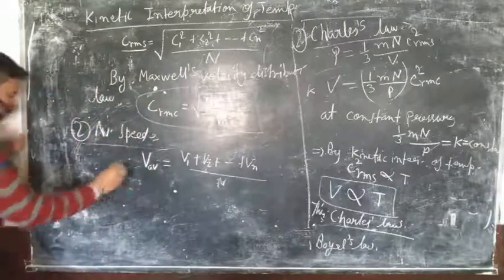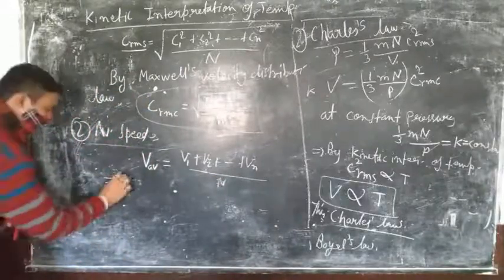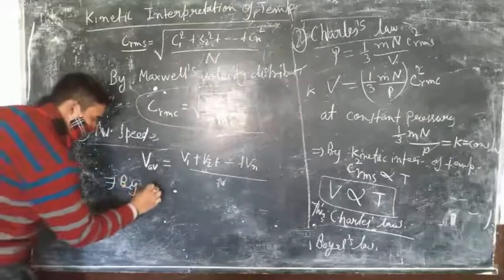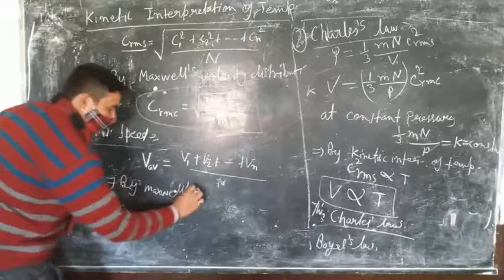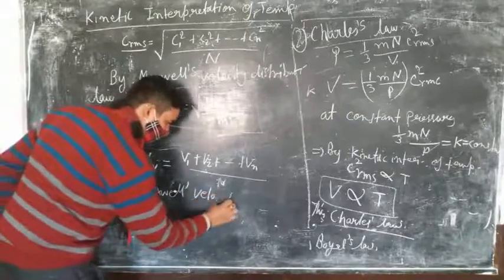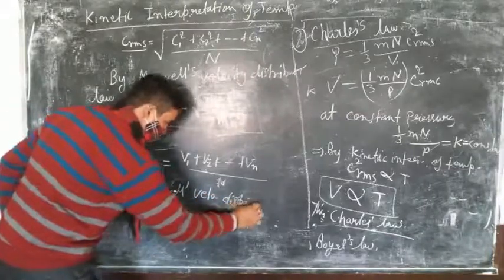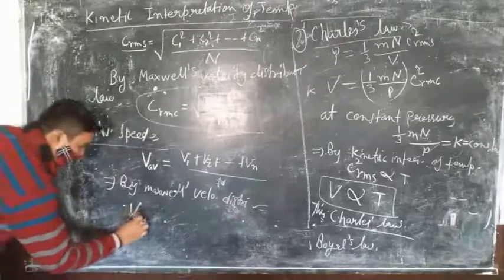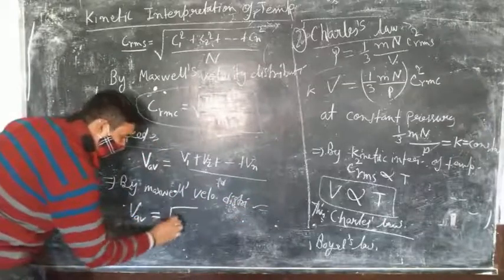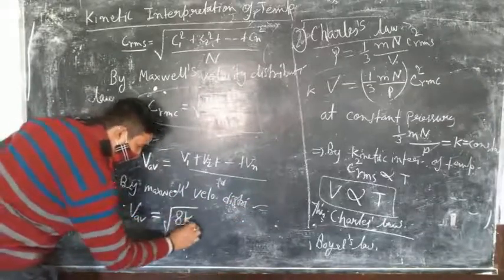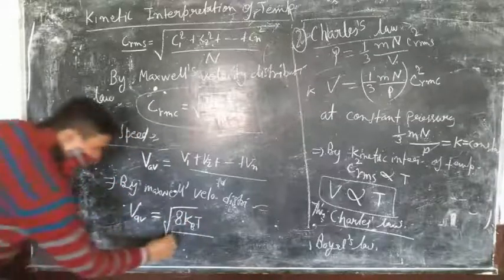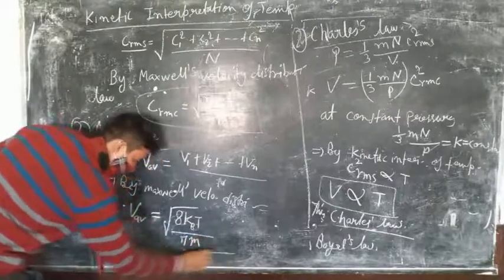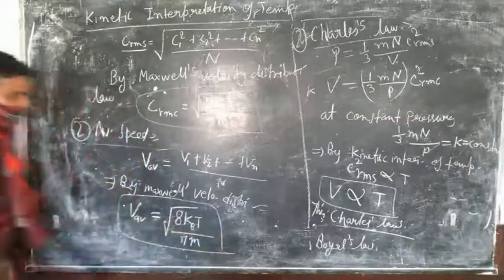This result again we get by Maxwell's velocity distribution: V average is equal to under root of 8 kBT upon pi m.